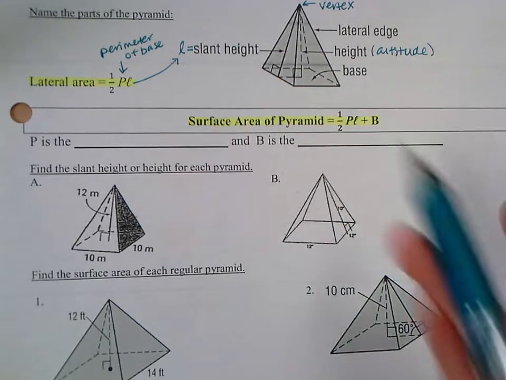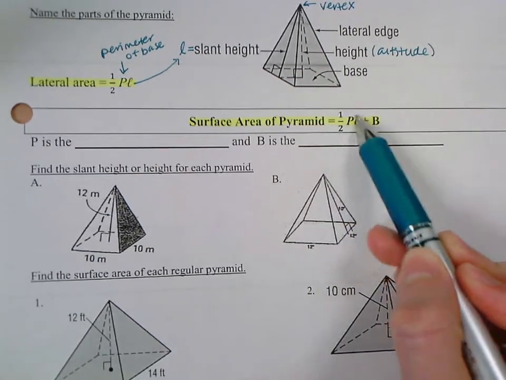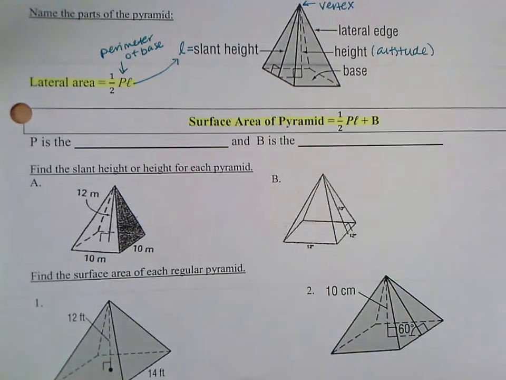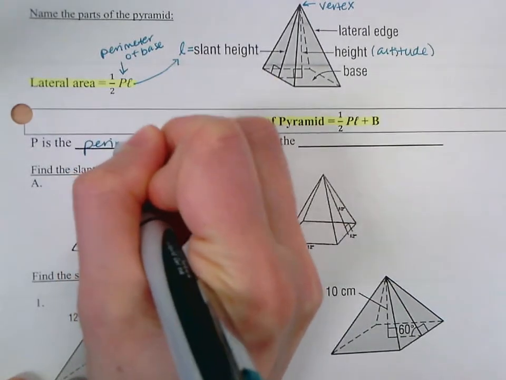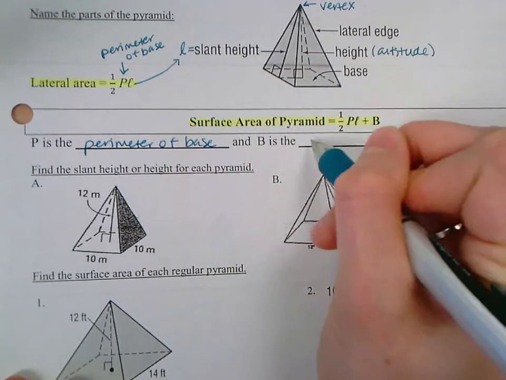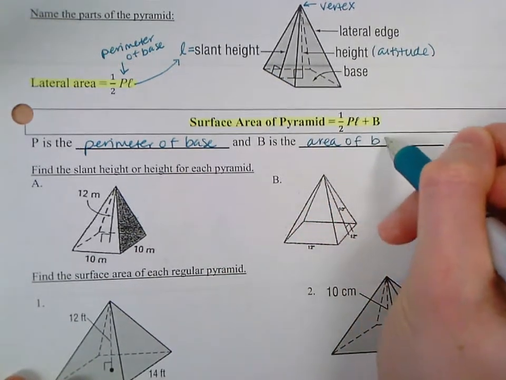So we have the 1/2 times the perimeter of the base times the slant height. That's your lateral area, plus there's only one base, so plus the area of your base is the surface area. So again, P is the perimeter of a base, and then capital B is the area of the base.